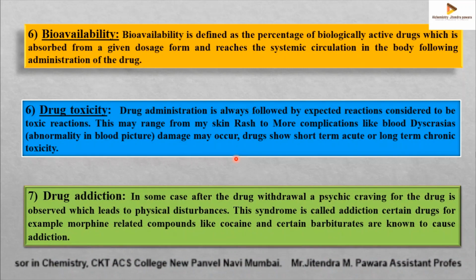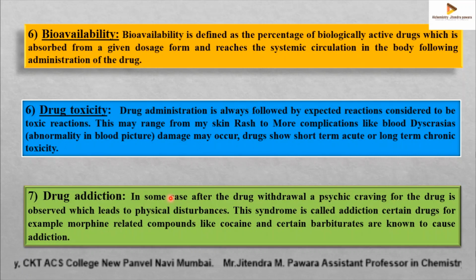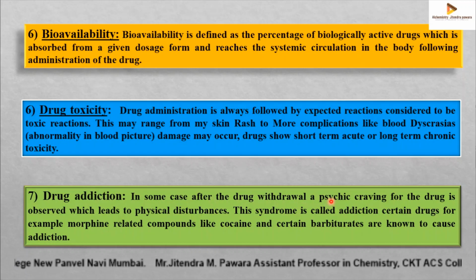Then the next point is drug addiction. After discontinuation of administration of a drug, the tolerance acquired by the individual disappears at a rate varying for each individual or for each drug. So what is drug addiction? I'm going to tell you in simple language. In some cases, after the drug withdrawal, a psychic craving for the drug is observed, which leads to physical disturbances.